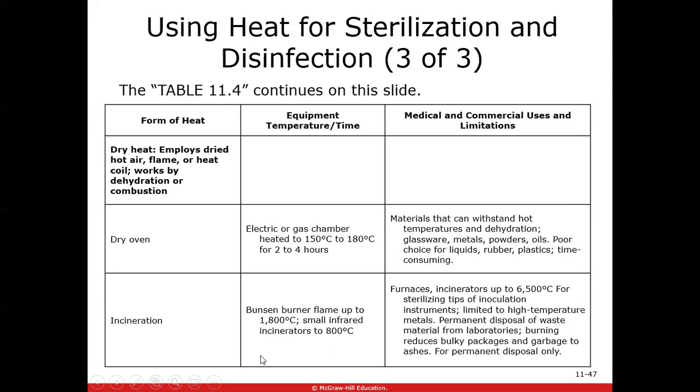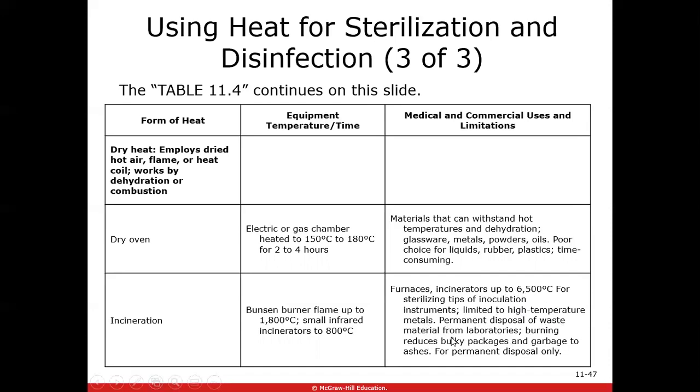Then you have incineration. So the Bunsen burner flame is up to 1800 degrees Celsius. That's pretty hot. And then you have small infrared incinerators that are up to 800 degrees Celsius. So the furnaces, incinerators can get up to 6,500 degrees Celsius for sterilizing tips of inoculation instruments, limited to high temperature metals.